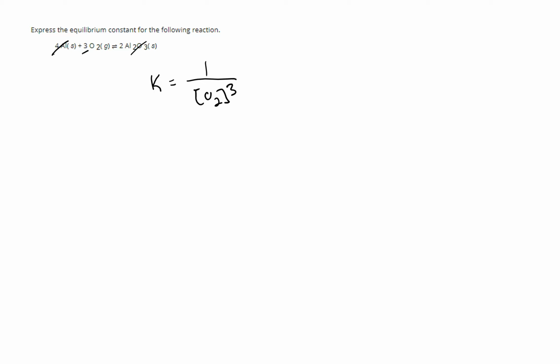And that's it. Pretty straightforward. But if you attempt to include things you shouldn't, in this case, the aluminum oxide and the aluminum, you're going to get the incorrect answer. So always survey initially whether or not components of your equilibrium reaction are eligible to be included in the equilibrium expression.